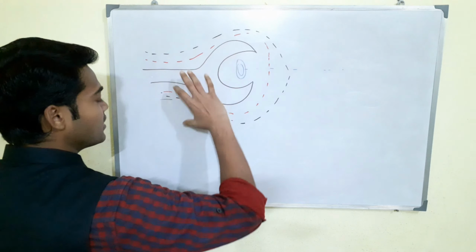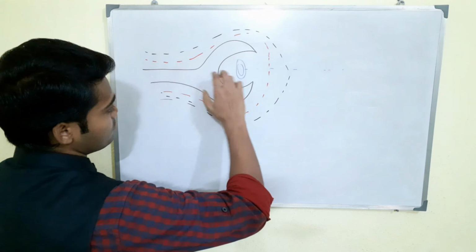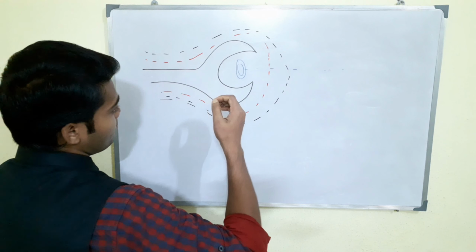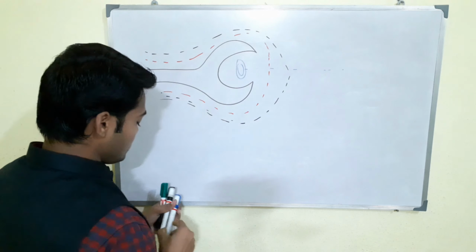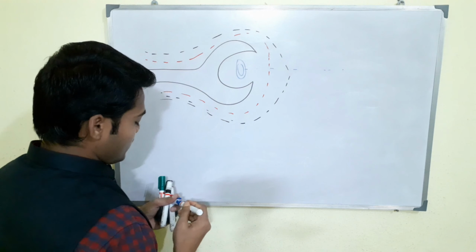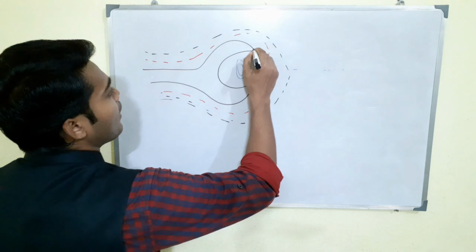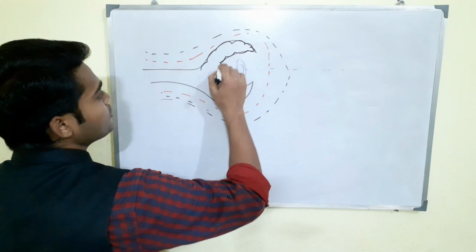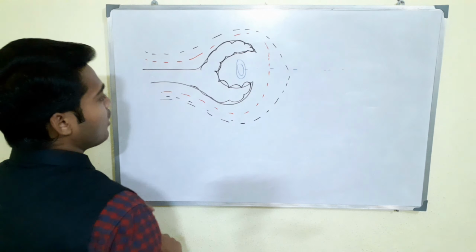So the retina acts like a transducer, converting one form of energy into another. I will show you that this outer part of the retina is converted into the outer layer, and this part is converted into the inner layer.